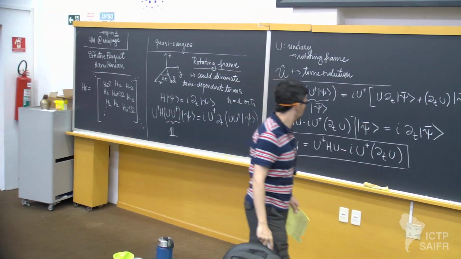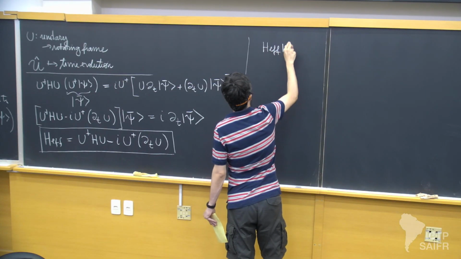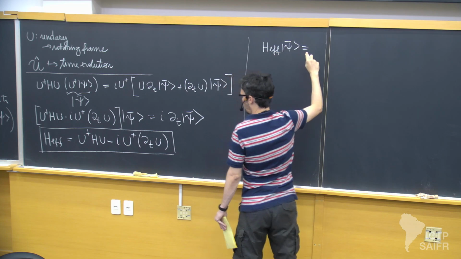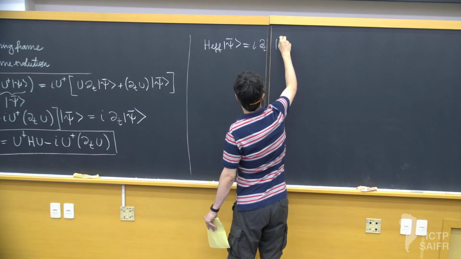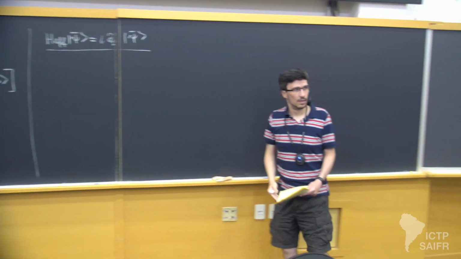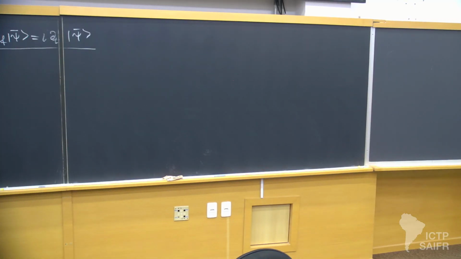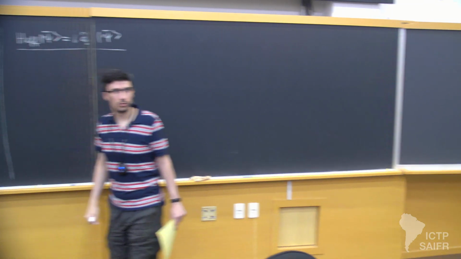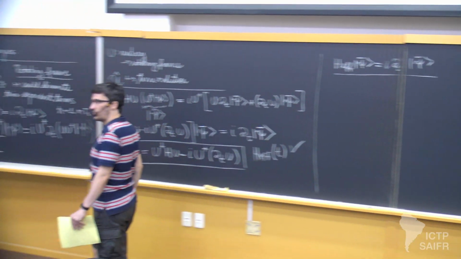So Schrödinger's equation for this Hamiltonian is H effective applied to psi bar is equal to I dt of psi bar. So this is a new equation for this effective Hamiltonian. It could in principle be time dependent, but for some very special cases, it could also be independent of time.